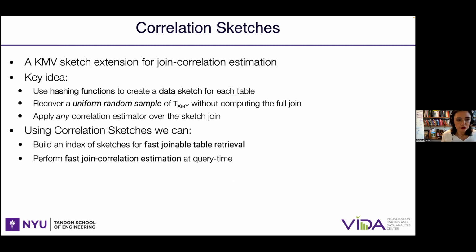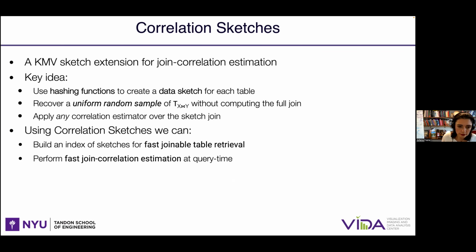Because we can do that, we can apply any correlation estimator over the sketch join, Pearson, Spearman, and so on. And with these correlation sketches, as I illustrated two slides ago, you can build an index of these sketches to support fast table retrieval, and because the sketches are small, we can do fast correlation estimation at query time.